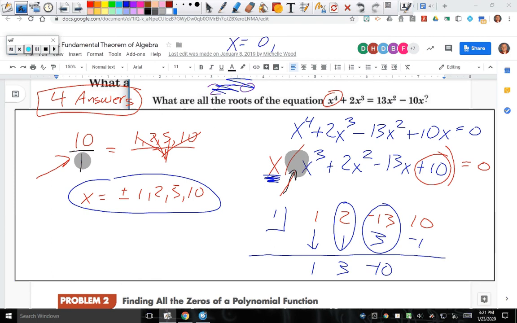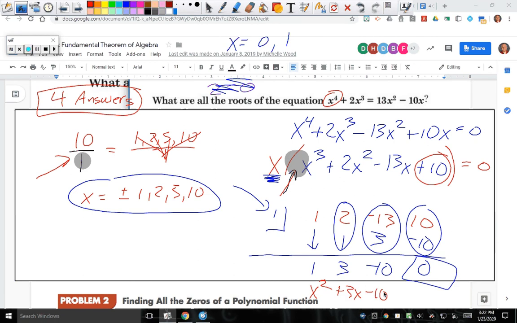We multiply, it worked. If it didn't, I wouldn't want you to copy right now because we're running a little bit out of time. But this one worked, which means 1 is an answer. What's left over? X squared, plus 3x minus 10.